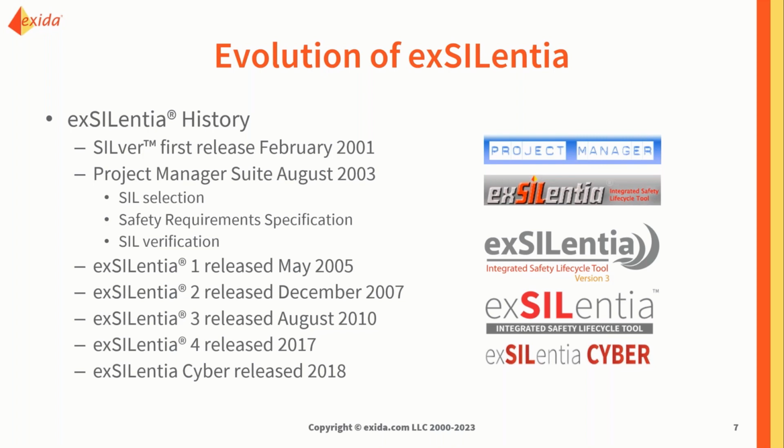And we saw an opportunity to really leverage that and develop a cybersecurity specific risk assessment tool. And so in 2018, we released the first edition of exSILentia Cyber, as well as the exida cybersecurity book that outlined our methodology and our approach for doing cybersecurity risk assessment.